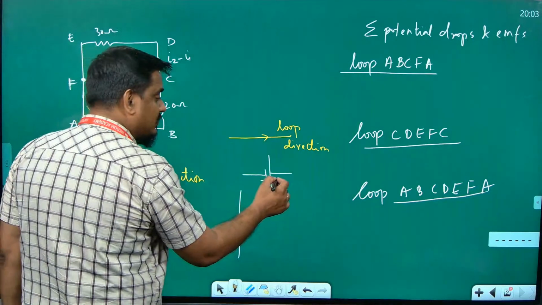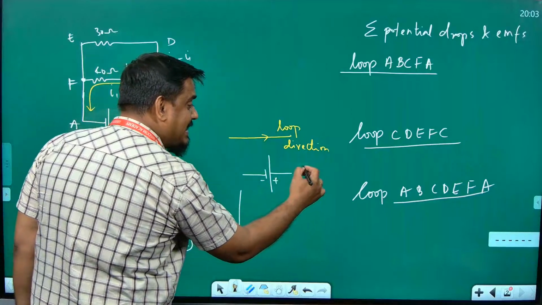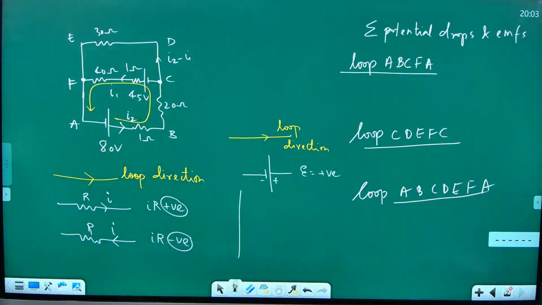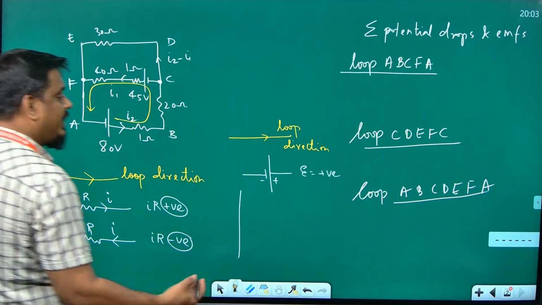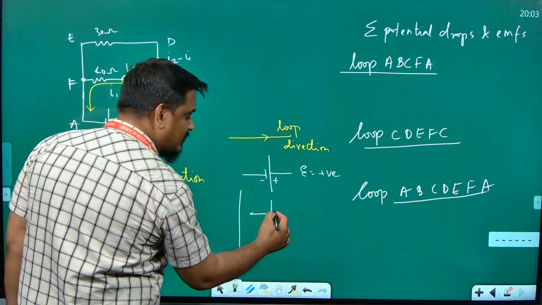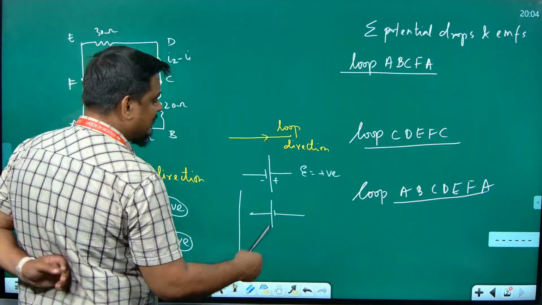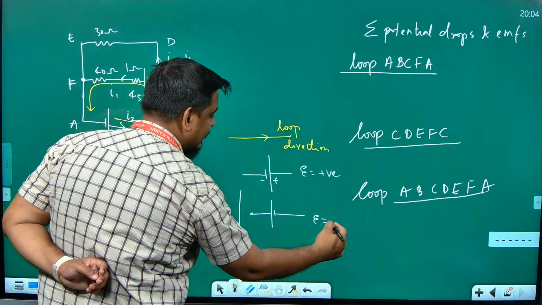Then, you must write E as positive. Or, if you are moving from positive to negative, you must write E as negative.